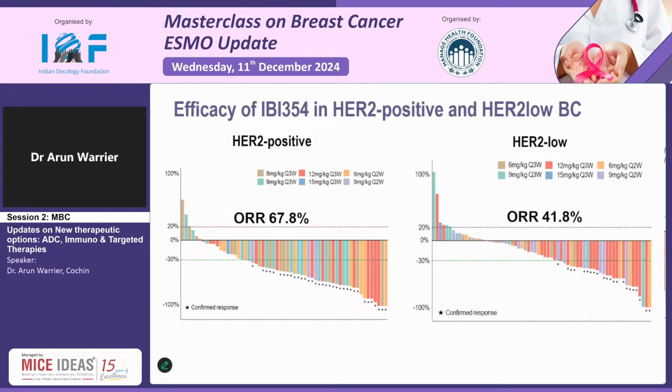So if you look at the efficacy of this molecule, then the ORR is definitely good. In HER2 positive across the board, it is showing a response rate of 67.8%. In HER2 low, again very good, 41.8%. Being a phase 1, they have looked across the various mg per kg dosages also.